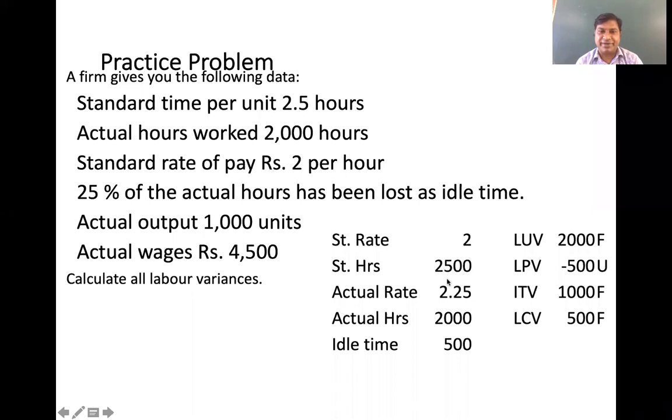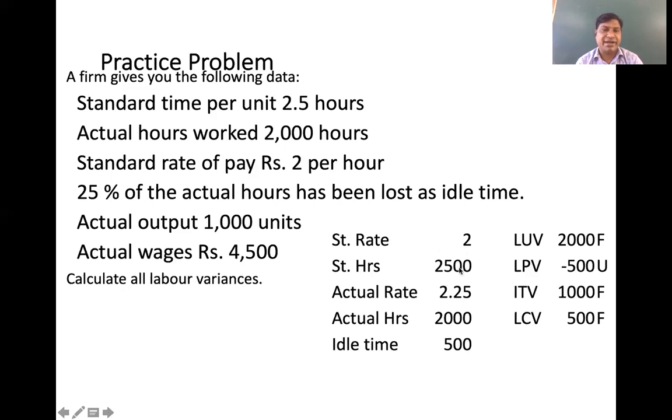How did you get it? The actual output is 1000 units, and each unit is taking 2.5 hours. So 1000 into 2.5 hours is the total of standard hours. The total standard hours are 2500.